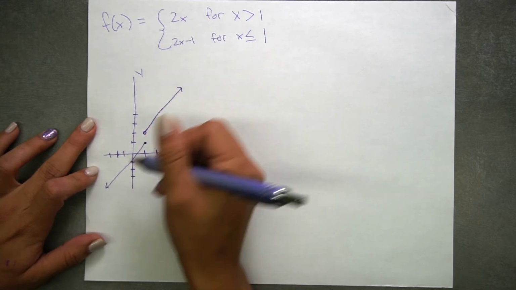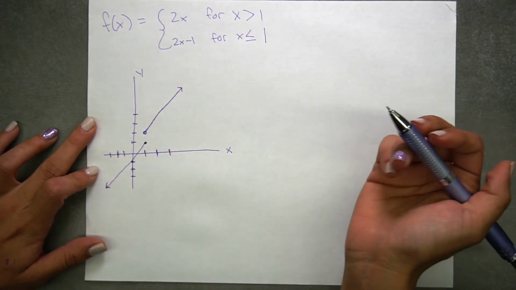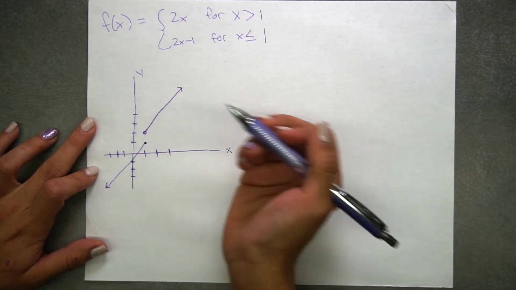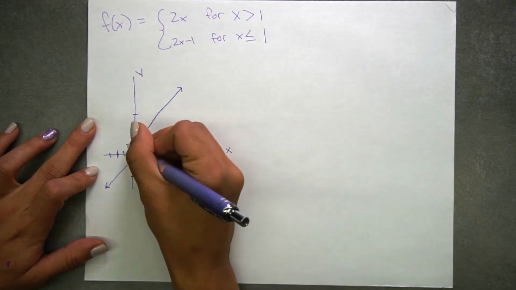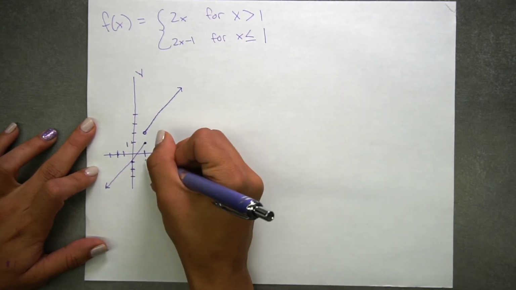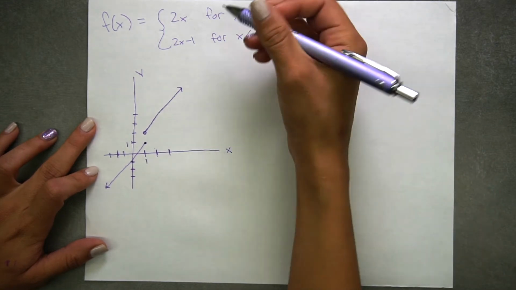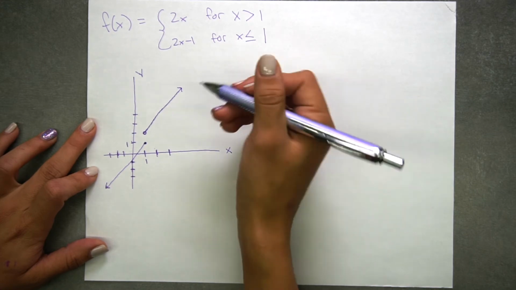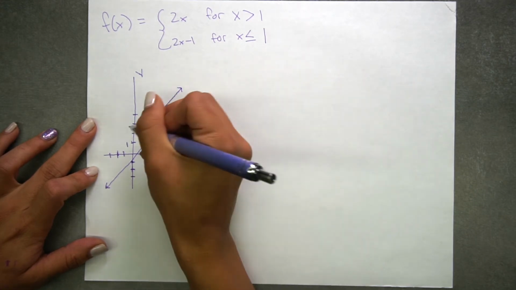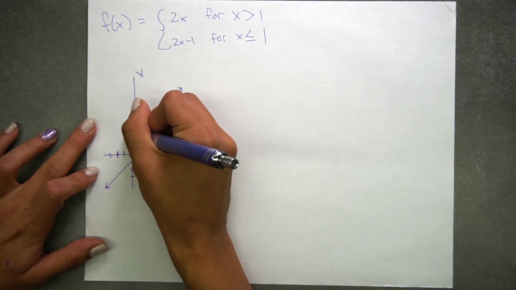So this is a graph of our function, and we see that from the left side, as x approaches 1, it's approaching y equals 1, and from the right side, as x approaches 1, it's approaching y equals 2.